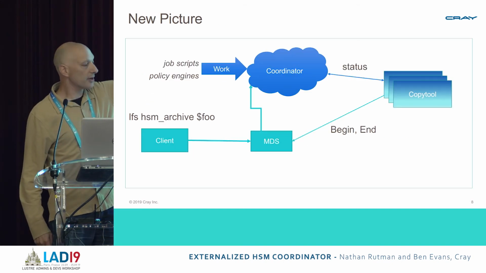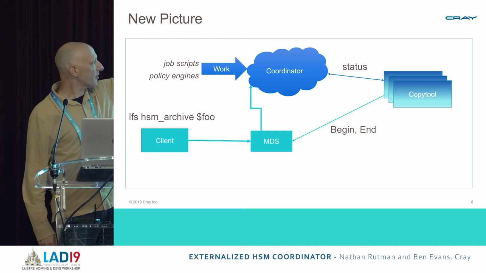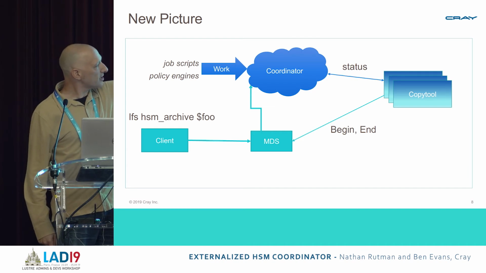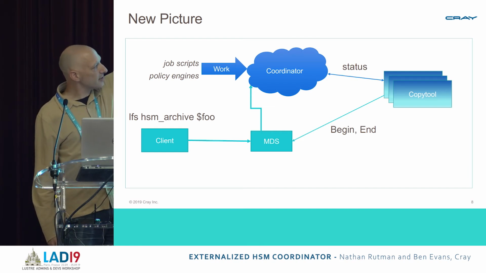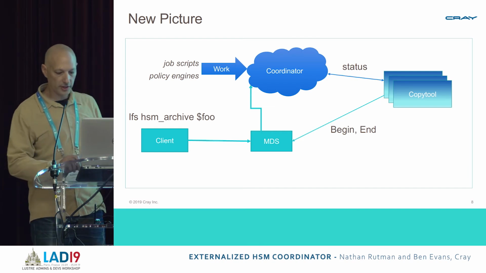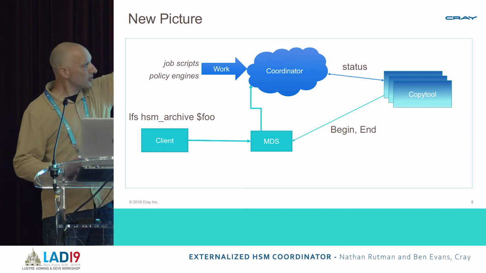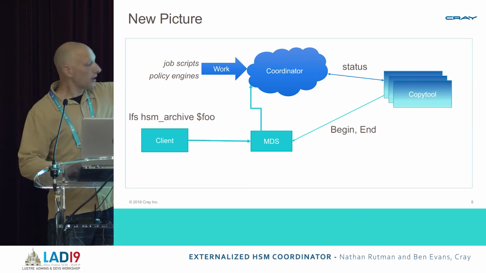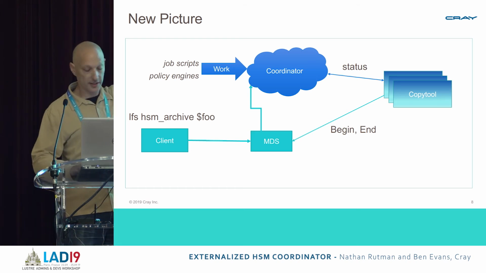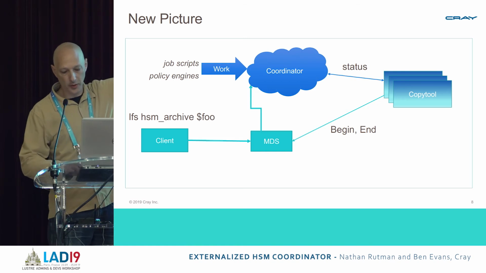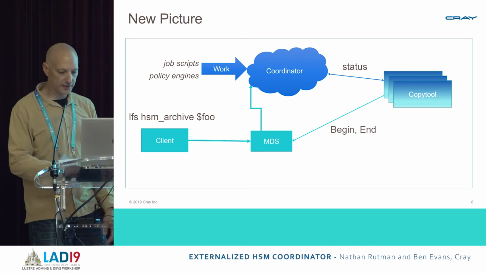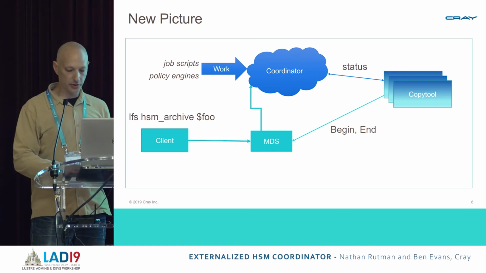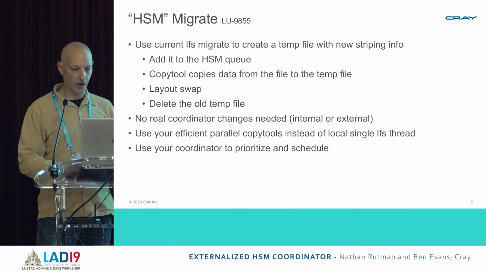Instead of HSM archive, we now send LFS migrate HSM, it goes to the MDS, which sends it out to the external world, and the external coordinator takes care of it. And now we're no longer doing it on the client in a single-threaded, slow process. We can do our prioritization on those requests as well, just like we can prioritize archives, and make a much more universal mechanism that does all of the data movement.